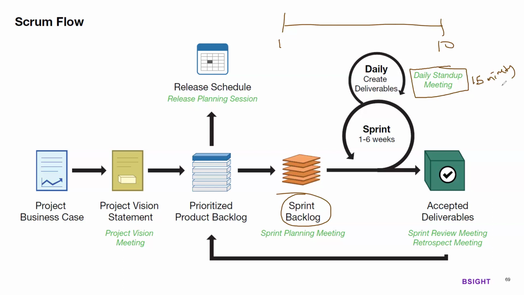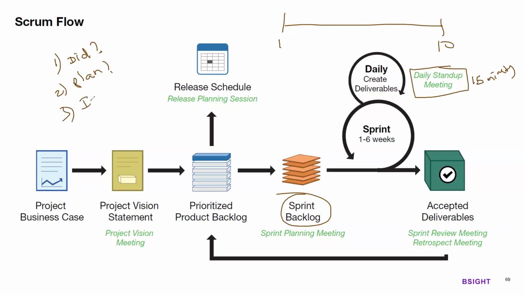They will discuss 3 agenda items. 1, what you did yesterday, from the last meeting to this meeting, what you have completed. 2, what's your plan for today, what you will do from this meeting to the next meeting.